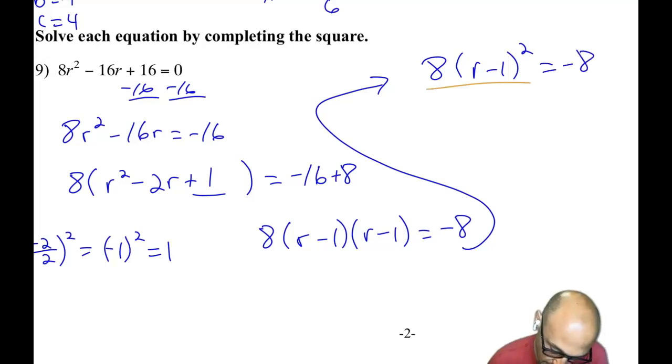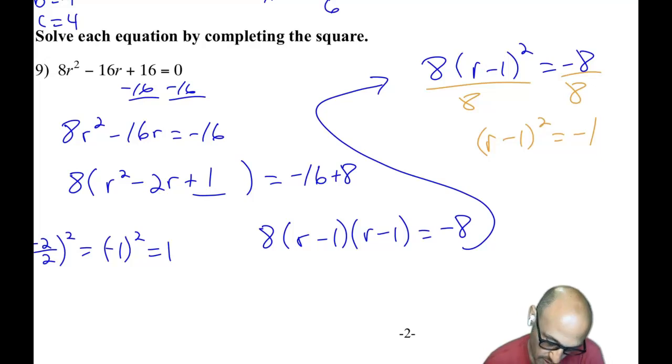I'm going to divide by 8 here, so I get r minus 1 squared equals -1. And I am just going around in circles here right now. What did I do that I don't like?